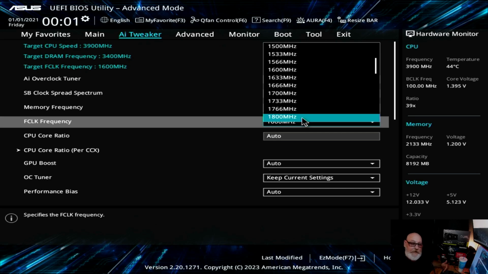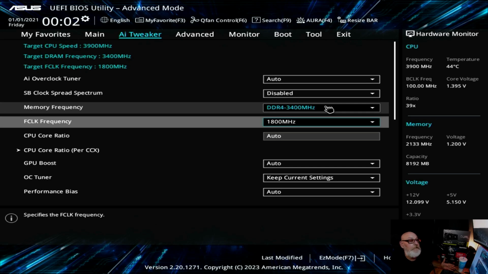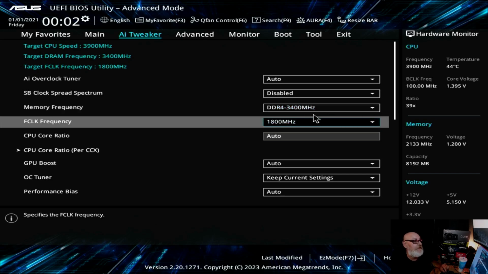Because you're walking it up 200 megahertz, so you got to up the F clock 200 megahertz. 3200 megahertz divided by 2 is 1600. 3400 divided by 2 is how much? It should be 18. Okay. Your F clock is always divide by 2. That's how it's always good to remember that.